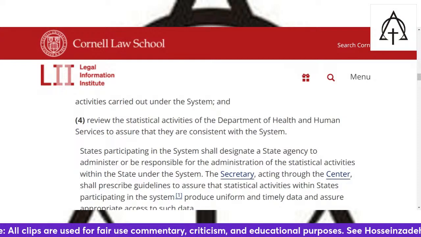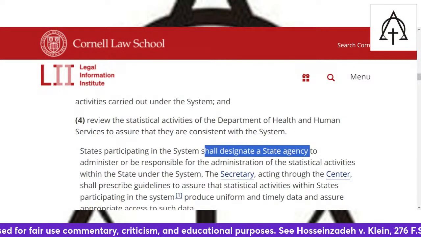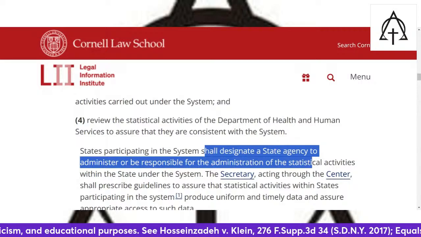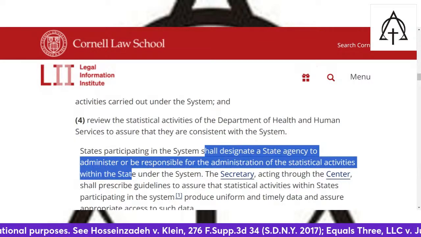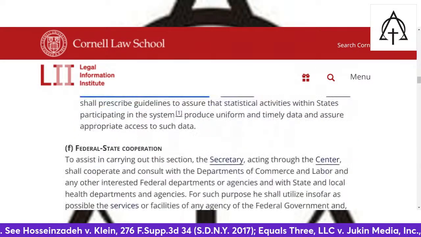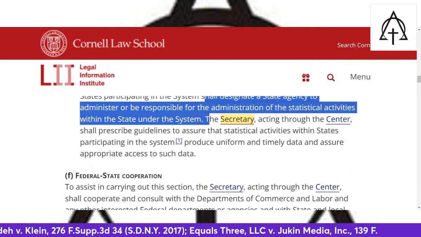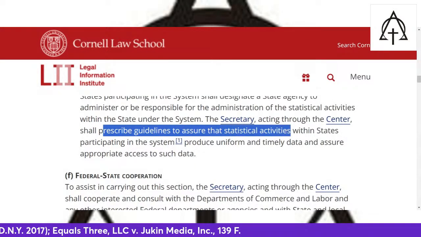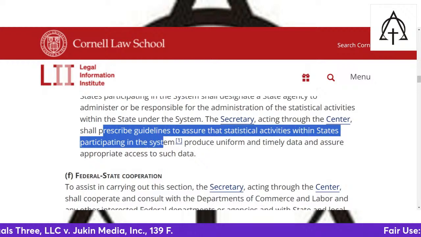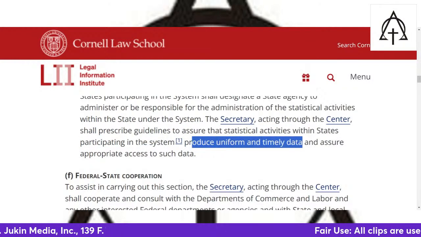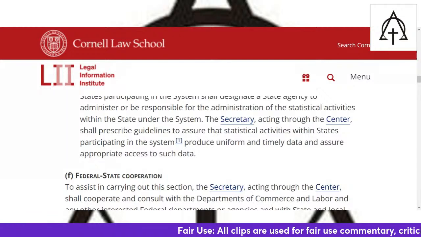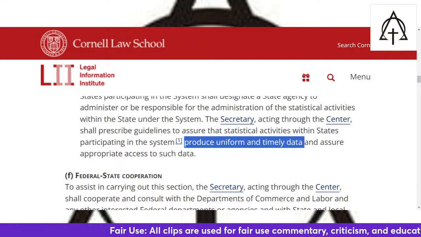States participating in the system shall designate a state agency to administer or be responsible for the administration of statistical activities within the state under the system. The Secretary, acting through the Center, shall prescribe guidelines to assure that statistical activities within states participating in the system produce uniform and timely data and assure appropriate access to such data.